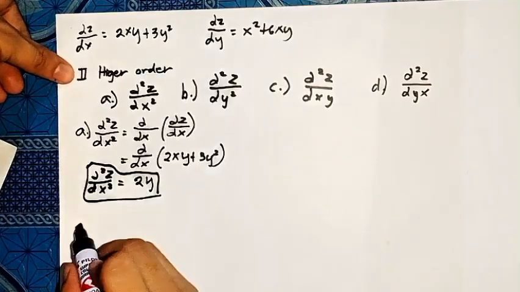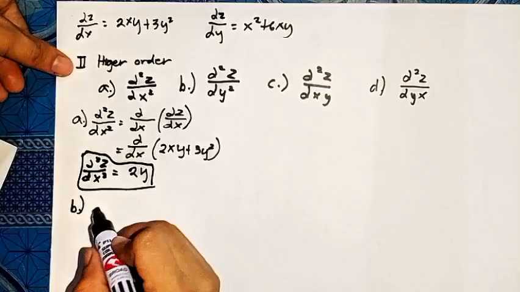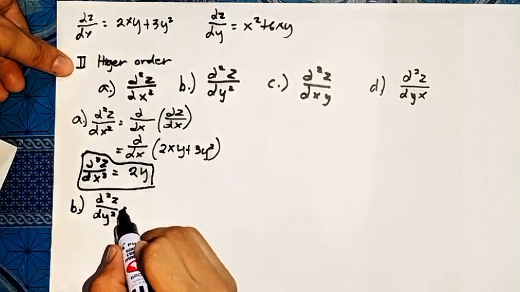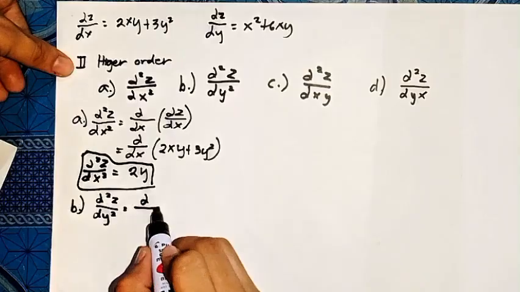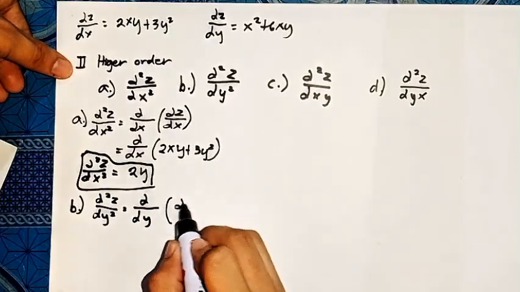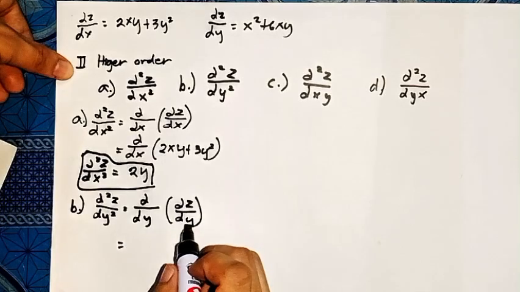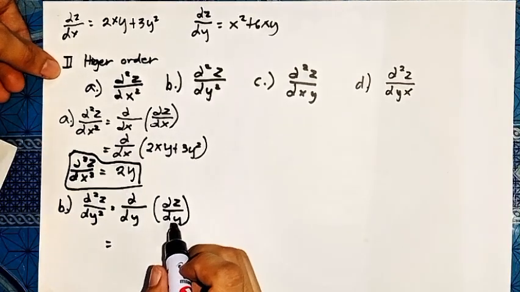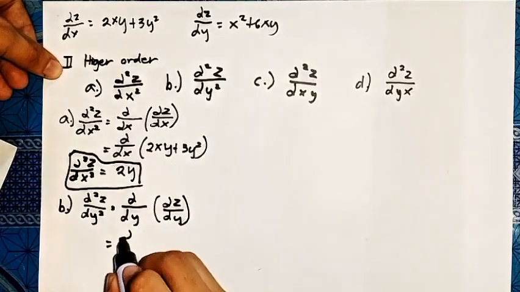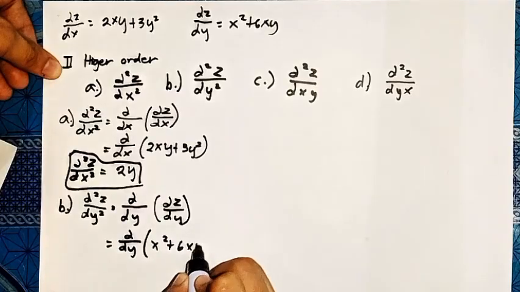Now let's proceed to b. We have partial squared z over partial y squared. Partial over partial y, partial z with respect to y. Since we already have partial z over partial y, we copy x squared plus 6xy.